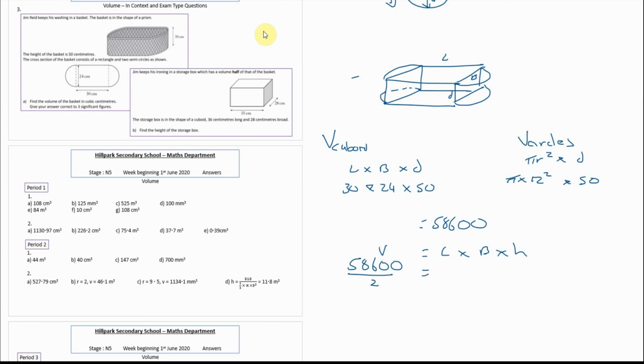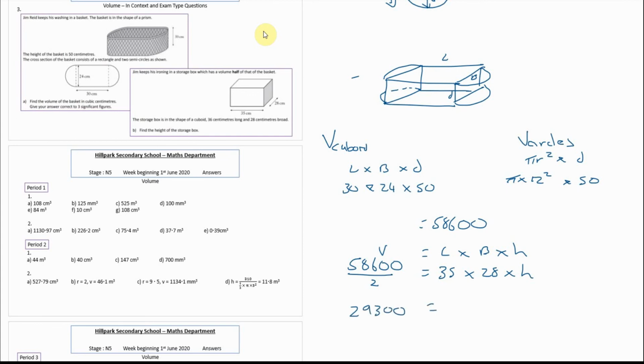Find the height. Okay, so we know the length is 35, we know the breadth is 28, and we're trying to find the height. So we just substitute in. 58600 divided by 2 is going to give us 29,300. I probably shouldn't do that in my head.